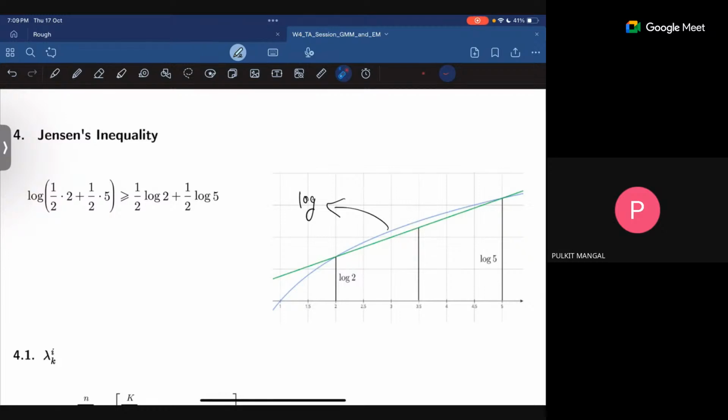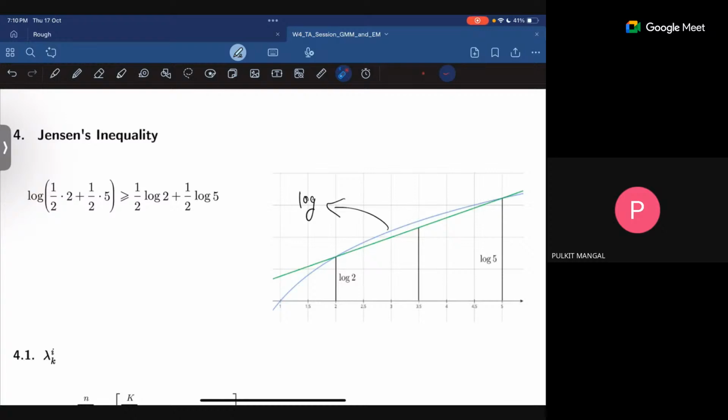If you have any concave function and join any 2 points on its curve with a straight line, that straight line will always lie below the curve.